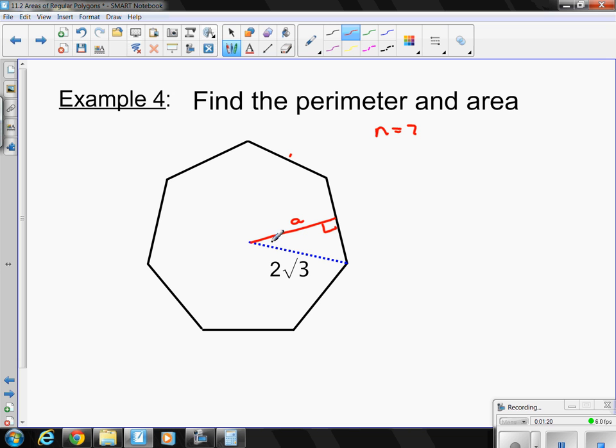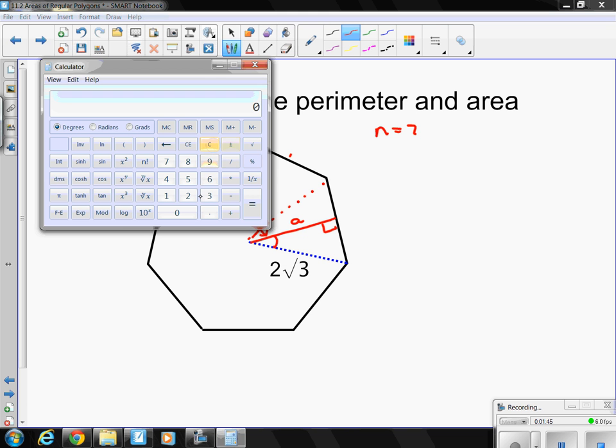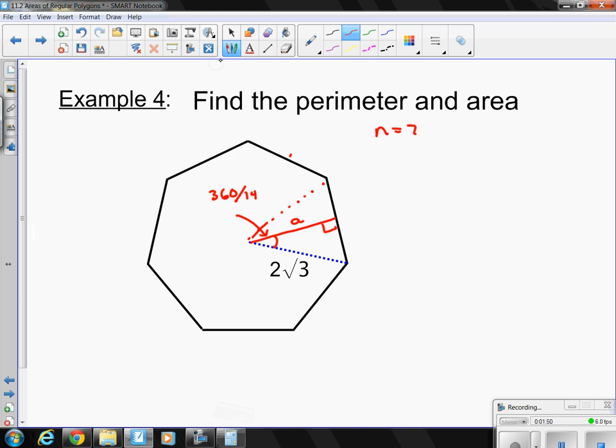So this angle here is going to be found by taking 360 degrees, the total distance around, and dividing it by, notice I have 7 of the big triangles, but double that, 14 of these smaller angles. So I need to take 360 divided by 14, and I get 25.7. So that's a 25.7 degree angle.